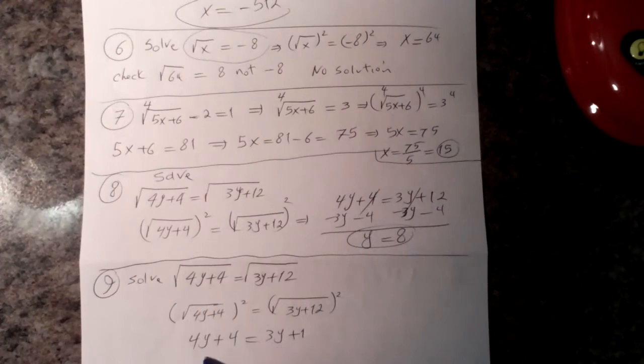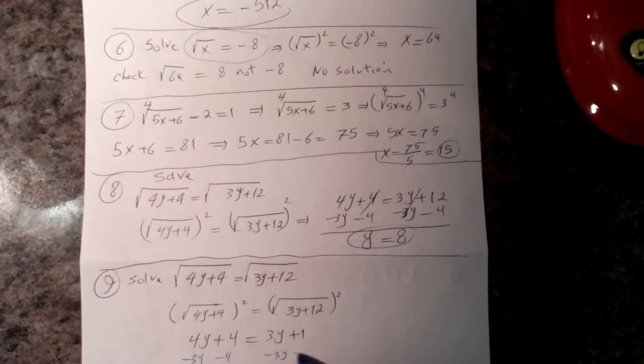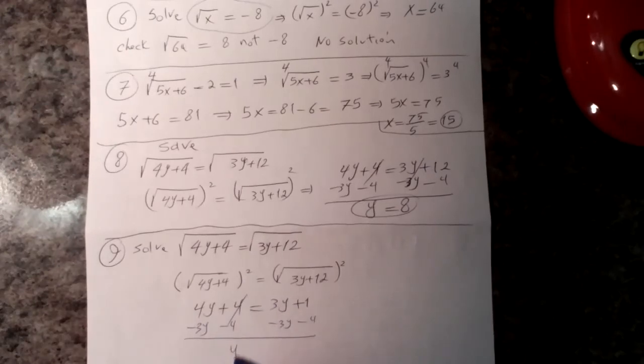So then it would be minus 3y here, minus 3y here, negative 4, negative 4. y is negative 3.